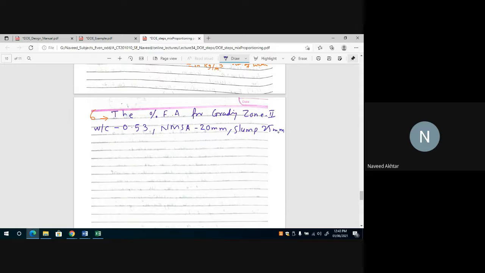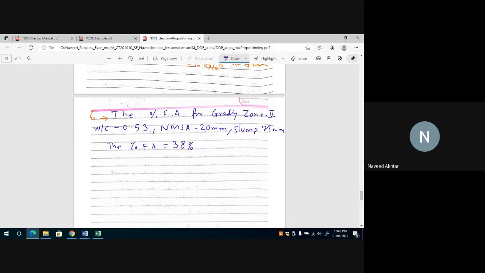Based on this, the percentage of fine aggregate is coming 38%. So this is the percentage of fine aggregate.